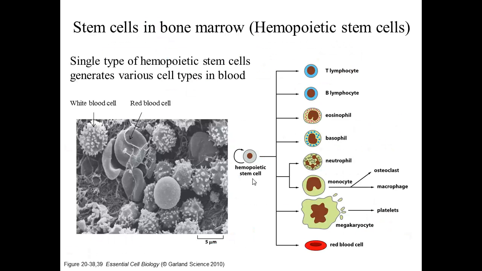We contrasted that to the better success of using an adult stem cell, which in this case is the hematopoietic stem cell, which gives rise to all the white blood cells and the red blood cells required in your circulation.